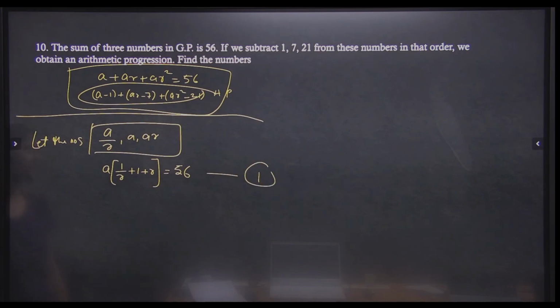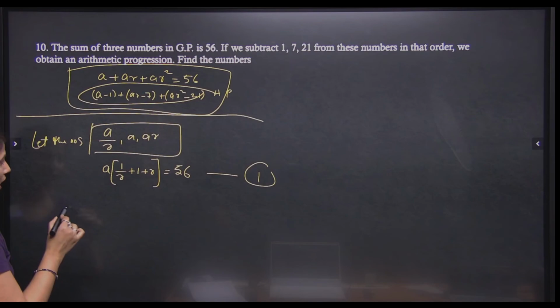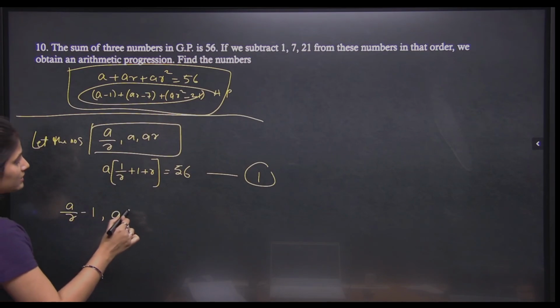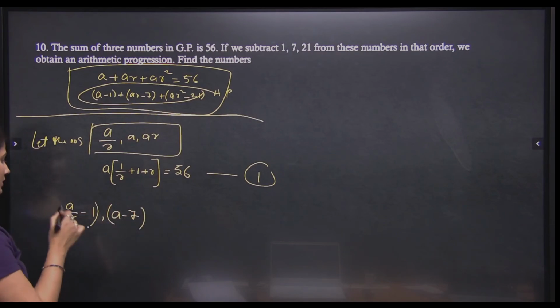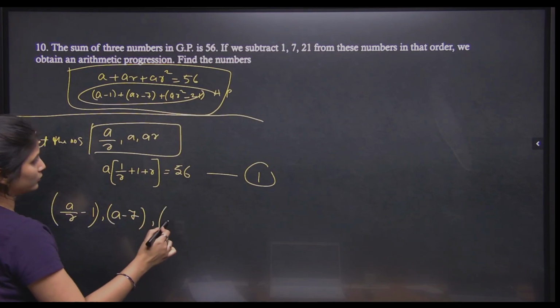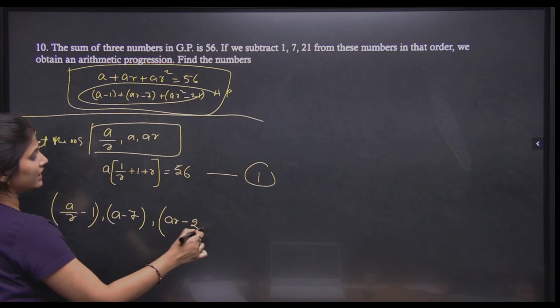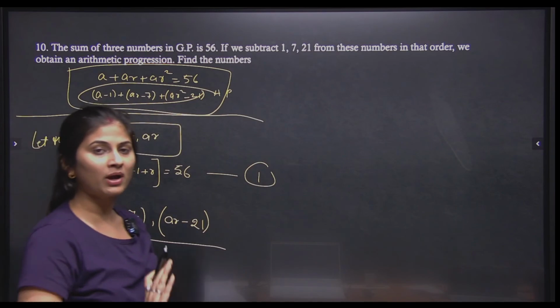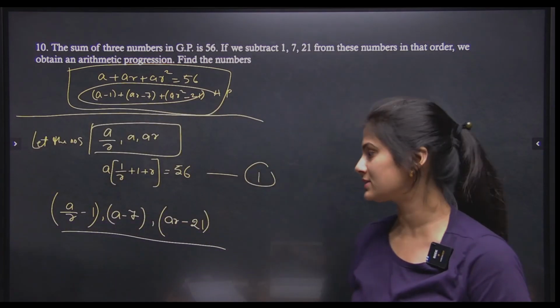Now it says if we subtract 1, 7 and 21, so I am subtracting 1, then subtracting 7, and then subtracting 21. Now it says that these are in AP. If they are in AP, then second minus first is equal to third minus second.